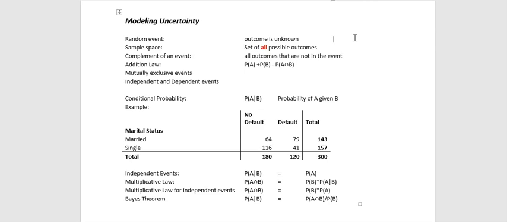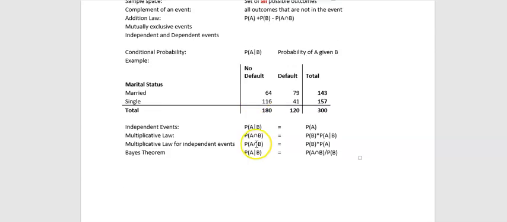So a simple example for that is, let's say the coin toss is going to be a heads or a tail. But what I do know is there are only two possible outcomes, which is a head or a tail, which is what we define as the sample space for that particular outcome. So let's write this down over here. Let's define A as the event of the outcome of a coin toss.